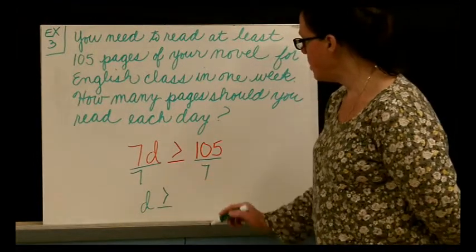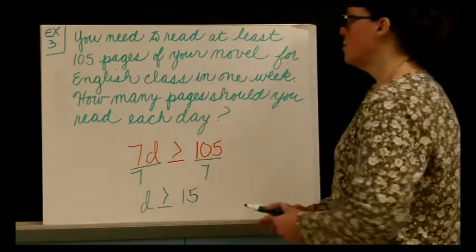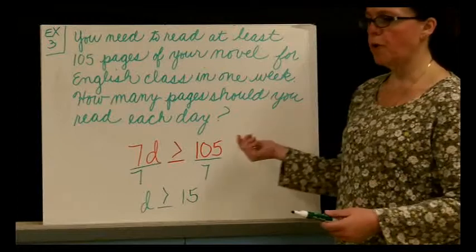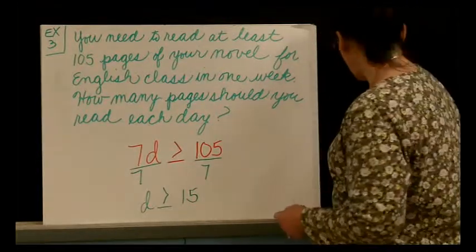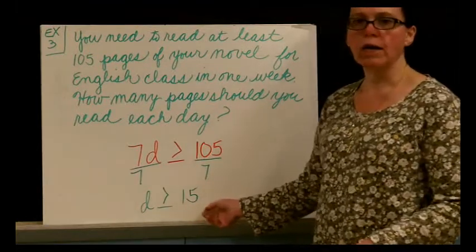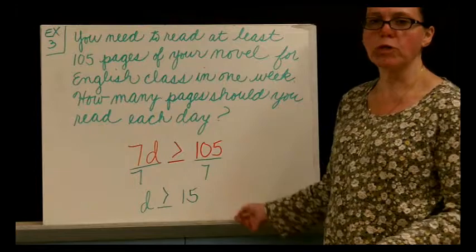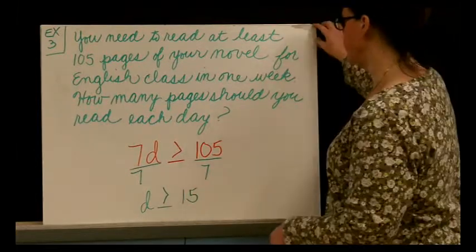We find that D is greater than or equal to 15. So again, because this is a word problem, you'll write out your answer in a complete sentence, that you should read at least 15 pages a day in order to read 105 in a week. But you can read more.